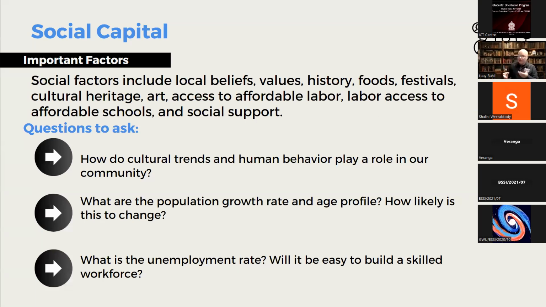The question you need to ask is, how do cultural trends and human behavior play a role in our community? For example, my mother and dad live with my brother. We have multi-generational families that live in the same house. That's a social capital, a cultural trend.